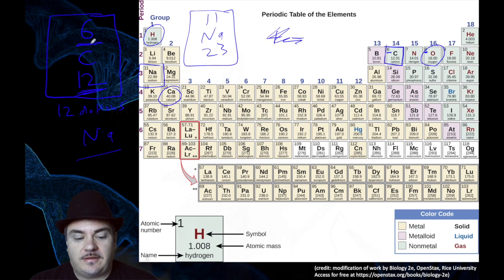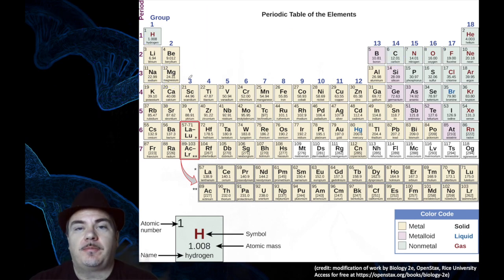So if carbon has 6 positive protons, it's going to have 6 negative electrons. If sodium has 11 positive protons, it's going to have 11 negative electrons. Okay, so that's the information inside each square. And again, I told you a little bit of a white lie, because if you notice, I said sodium is 23, whereas it actually says 22.99. Okay, again, to learn the differences, take chemistry. For us, we're just going to round the numbers.